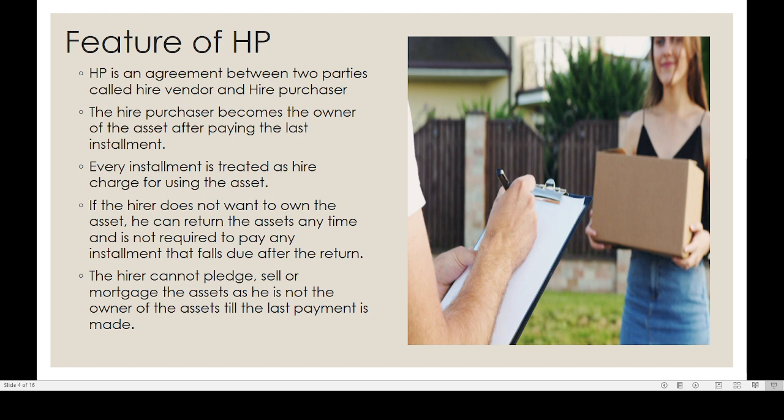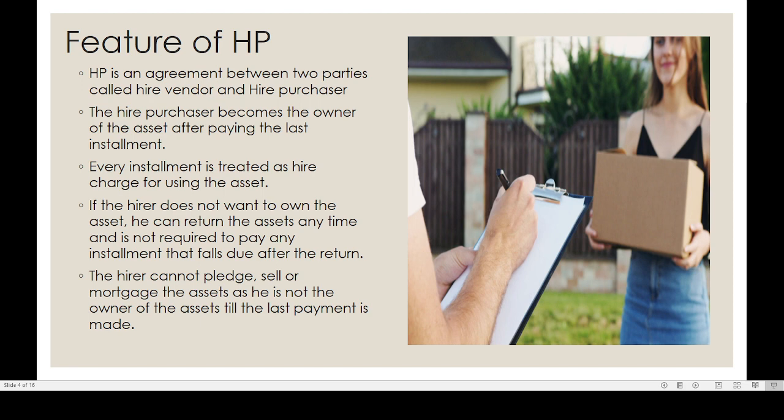Until then, the possession of the goods is with us and we have the right to use the product, but we are not the owner of that particular product. When you are paying the installment, you are not only paying the principal amount, along with that you are paying the interest also. That is the next point.